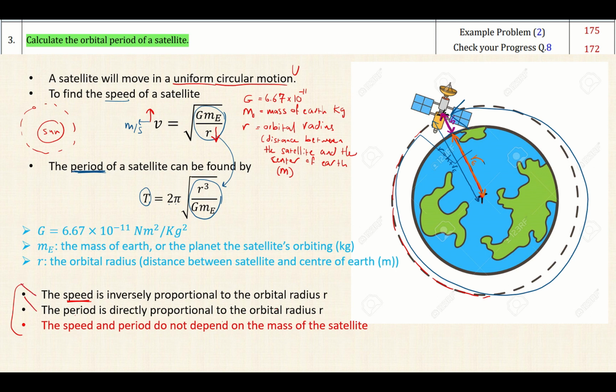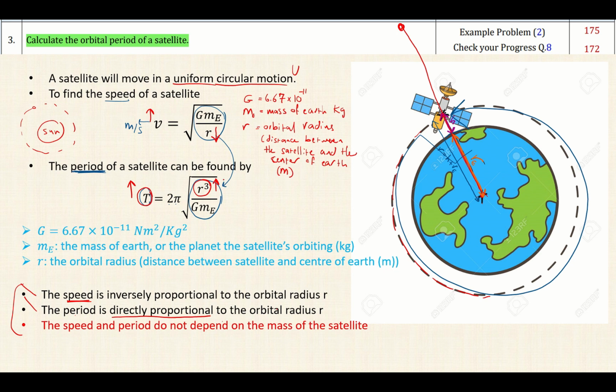The second thing is the relationship between the period and the orbital radius. You can see that the orbital radius in the period equation is in the numerator, just like the period. Because both of them are in the numerator, the relationship between them is direct. It's a directly proportional relationship. That means if the orbital radius increases, the satellite becomes further and further, so obviously it will take more time to rotate around Earth.